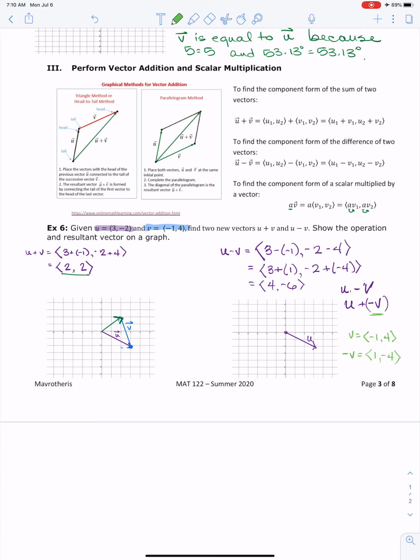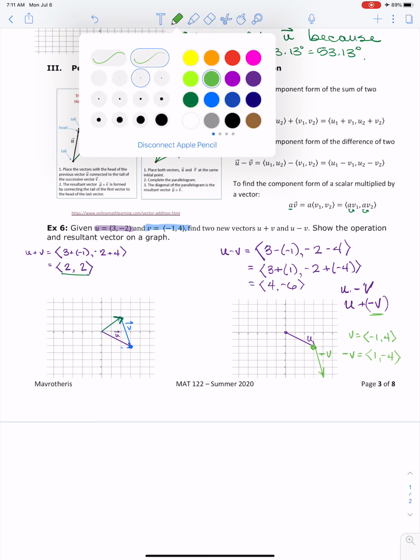+1, negative, so from the tail of u, I go 1, down 1, 2, 3, 4. -v. So I'm adding actually u plus -v.